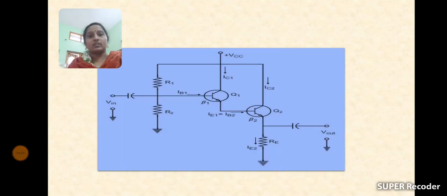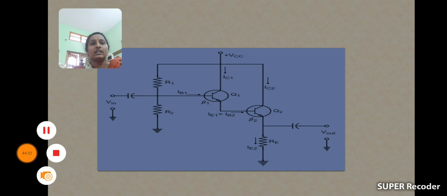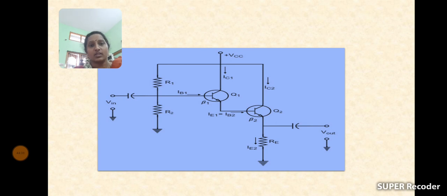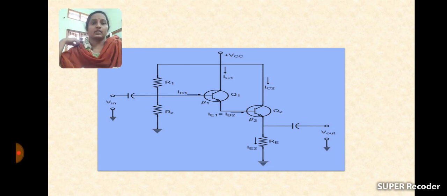So while coming to the 1 mark questions: state the need of Darlington pair, and state what is meant by cascade amplifier or cascode amplifier. So these are the 1 mark questions. And while coming to the 3 mark questions, they ask about advantages and disadvantages of Darlington pair, and advantages and disadvantages of cascade configuration.